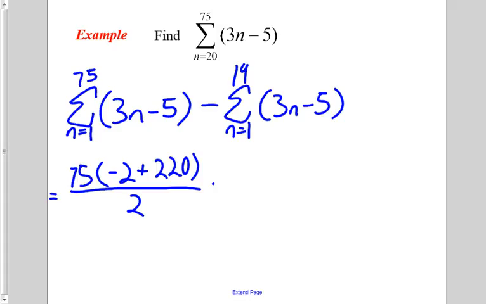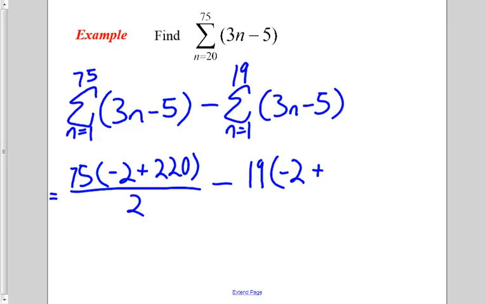First part's done. But now I'm subtracting away this second sum. Once again, I'm going to use my arithmetic series formula. So now I'm just going up to when n equals 19. So I'll have 19 multiplied by u1, still just 3 times 1 minus 5, which is negative 2. And now I need to add when n is equal to 19.